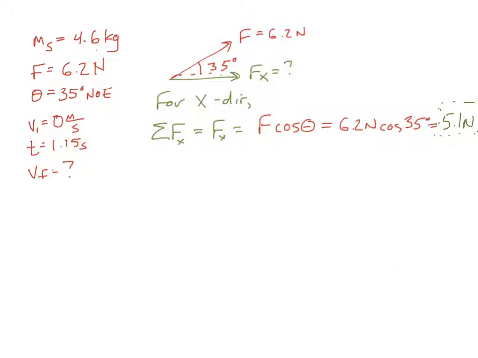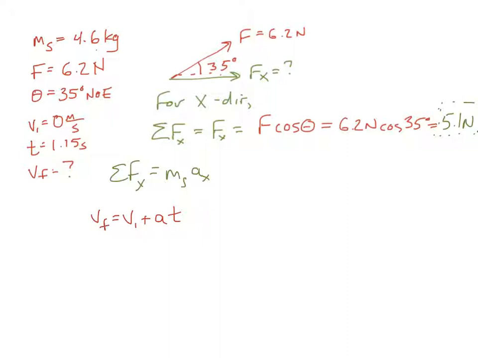We know the mass, of course, so let's write that out. The net force in the x direction equals mass of the sled times the acceleration in the x direction. Well, we don't know the acceleration in the x direction, but we do know, like we said before, that, I'll write this in red, v final equals v initial plus acceleration times time.